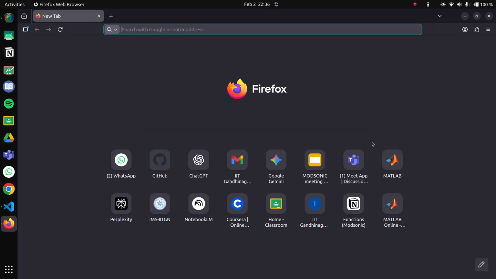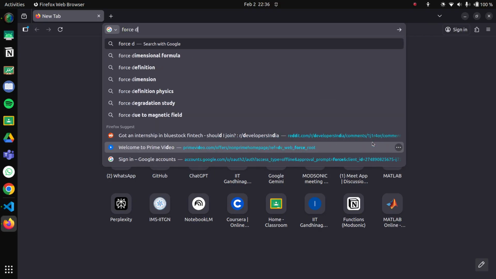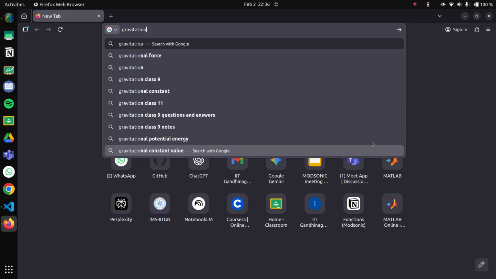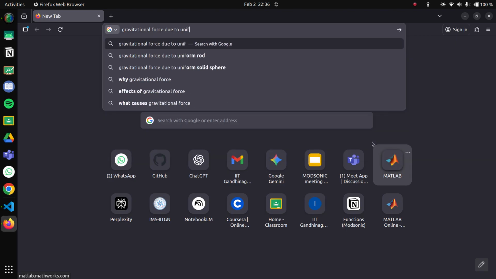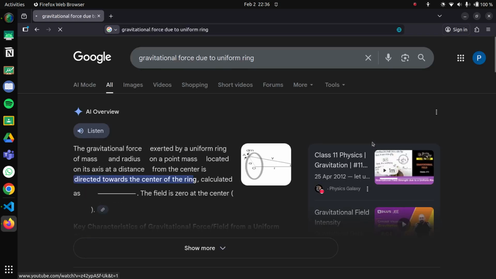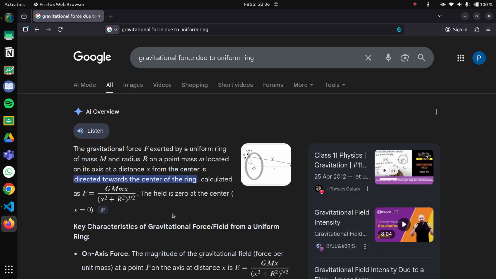Am I wrong somehow? Force due to uniform gravity. Gravitational force due to uniform ring. Because we have the same thing with electrostatics, and it's the same power law, so why would this be wrong? It's okay, it's 0 at the center.